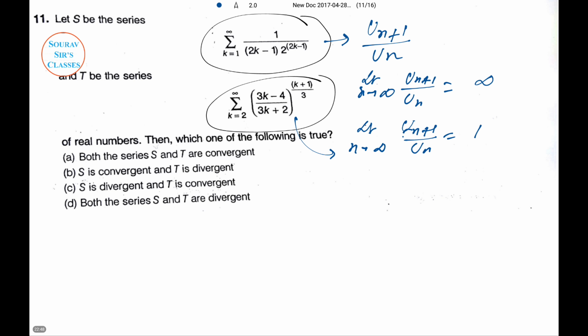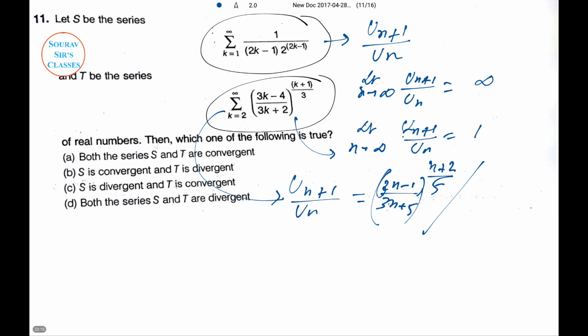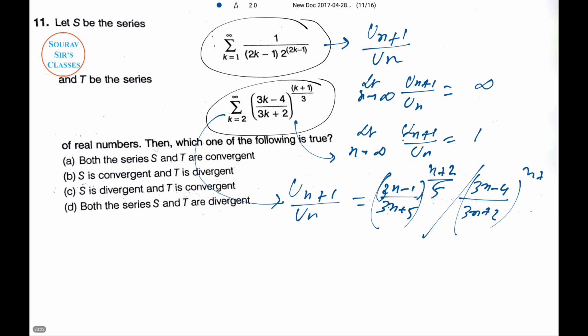If you are having any confusion, I am just giving you the expression of un plus 1 by un, which will be easier. So in this case, this expression will be 3n minus 1 by 3n plus 5, n plus 2 by 5, divided by 3n minus 4, 3n plus 2, and n plus 1 by 5.